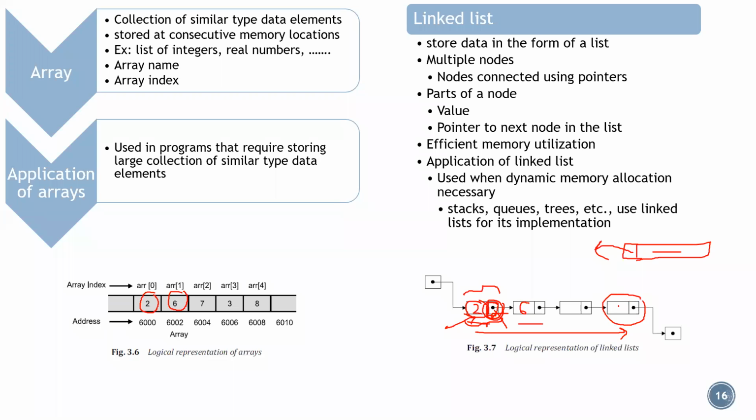So here you are storing the value, and the address of this one is stored in the previous node. Address of this one is stored over here. So this is what a linked list does. All these again will be going in depth, because we have separate sessions for in-depth discussion pertaining to arrays, linked list, queues. So there again we'll be going in depth regarding these aspects.